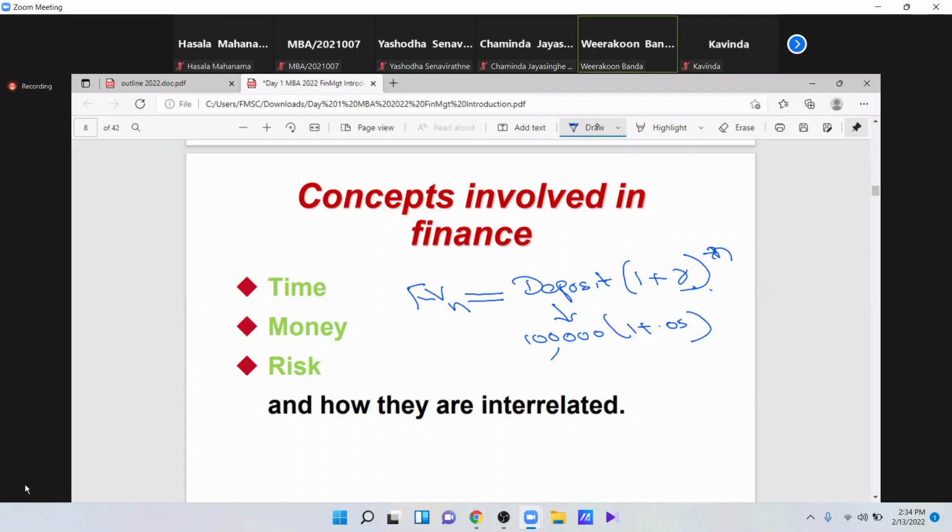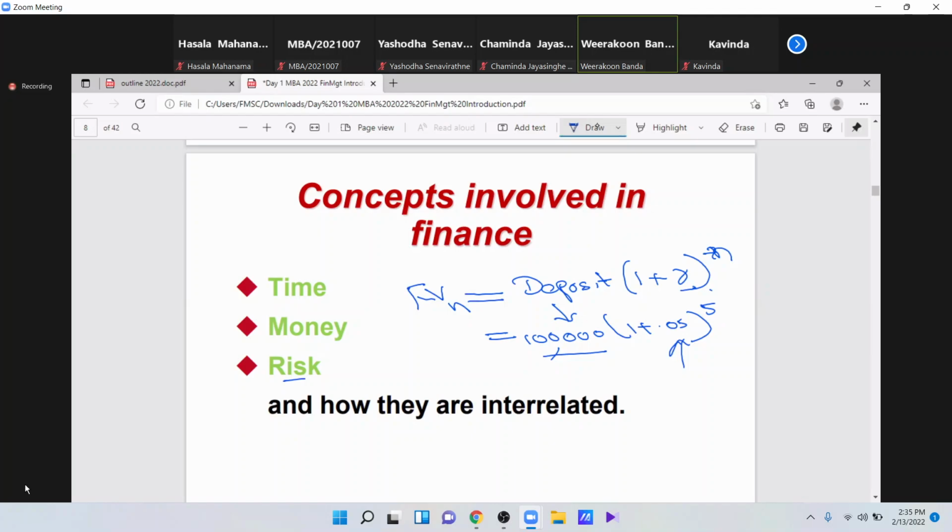How many periods? Maybe a 5-year period. Likewise, there can be some particular mechanism. So this equation involves 3 components. One is time: the time period, N. Money: how much money here? What is the risk level? This is relevant to the risk level.